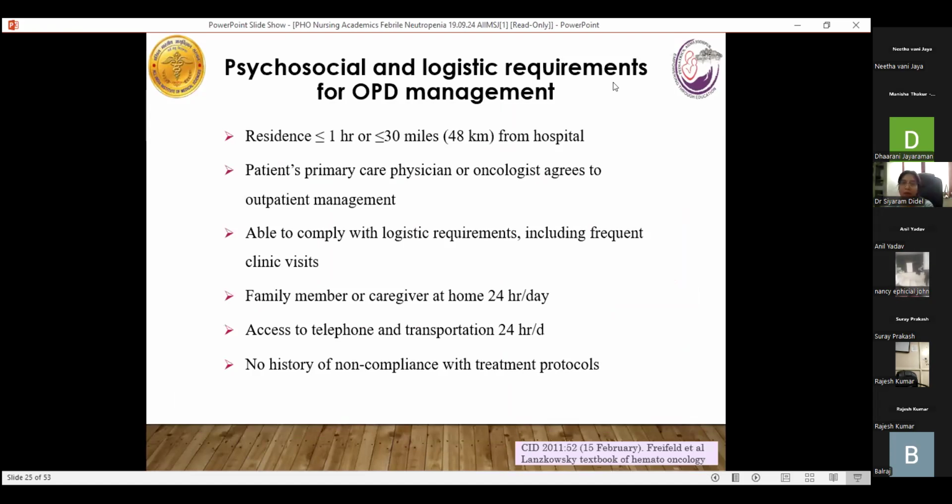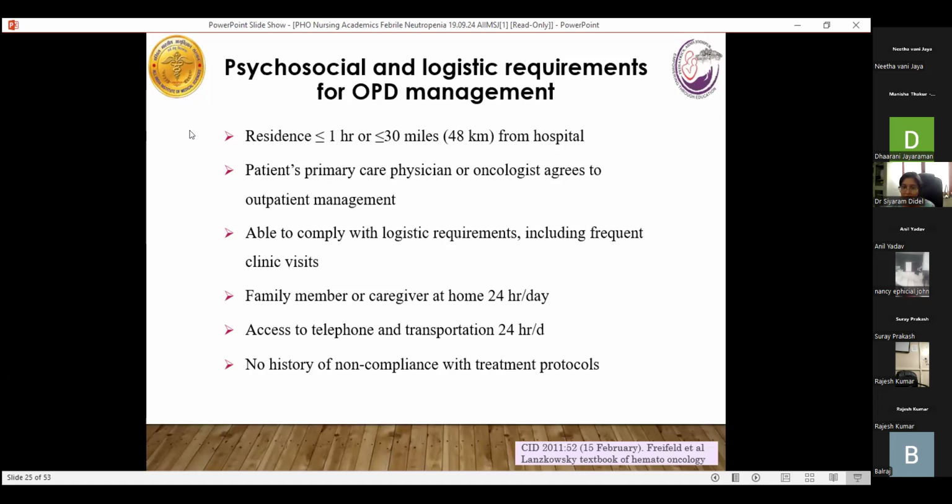Now this is psychosocial and logistic management for OPD management. According to this, we will decide which patients we can manage on an OPD basis with oral antibiotics. So the first point is if the child resides near the hospital, that is, the child can reach the hospital within 1 hour after developing fever, or resides within 48 kilometers of the hospital, so that we can administer antibiotics as soon as possible.